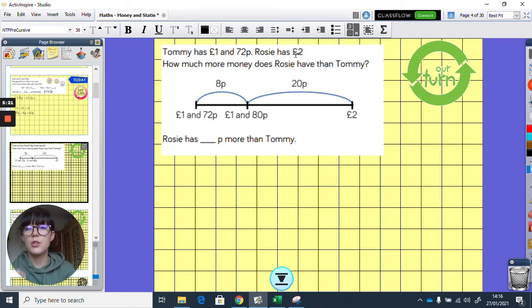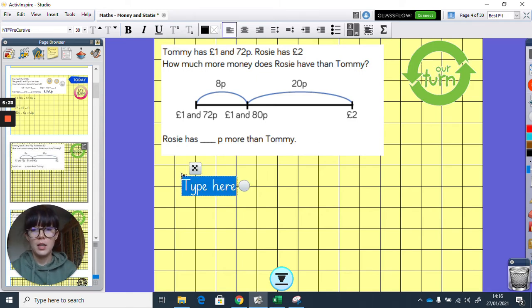This is a word problem, so you want to know the difference between their two amounts of money. The difference is another word for when we subtract or take away. So you need to think about which number we're taking away from which number. Tommy has less money than Rosie, and Rosie has more money than Tommy. So we're going to start with the larger amount, which is going to be £2.